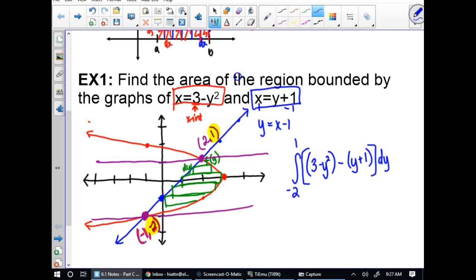So we integrate from negative 2 to 1. It looks like, if you're thinking in terms of x, you should integrate from negative 1 to 3, because that would be from left to right, and that's what we've done so far. But whenever we're in terms of y, we have to go from the lowest y to the highest y.